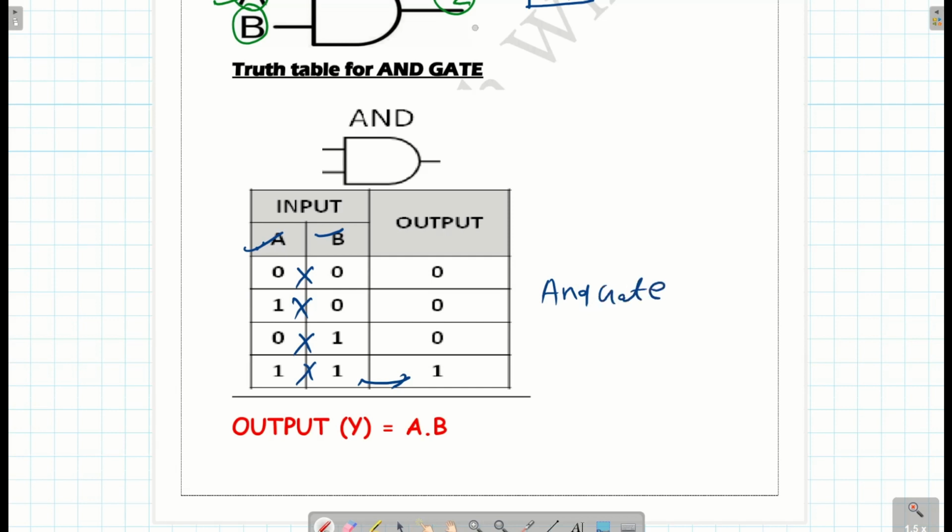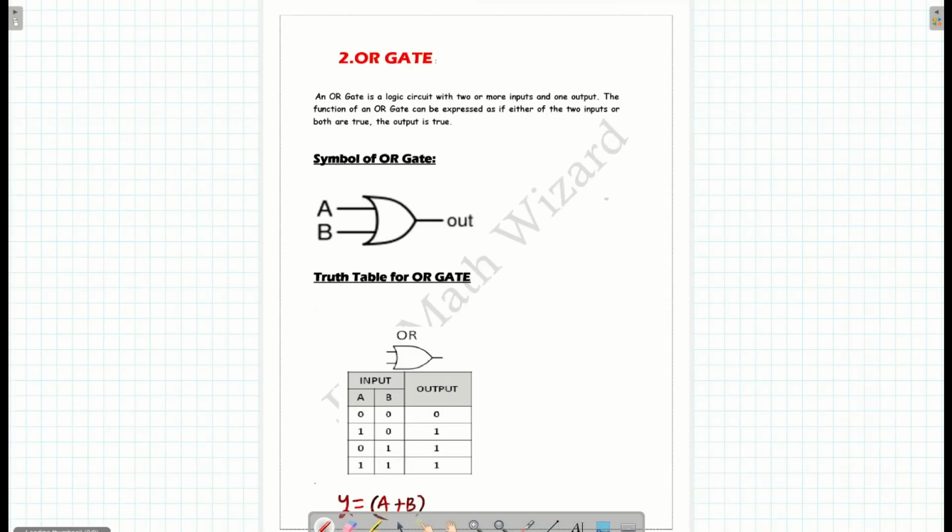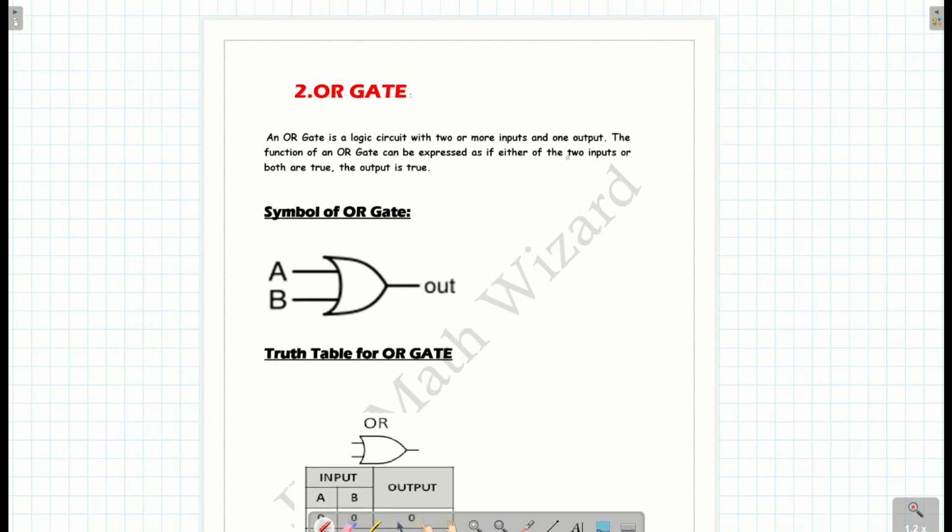Okay. Next, we have our OR gate. What is an OR gate? An OR gate is a logic circuit with two or more inputs. It's a simple thing. The function of an OR gate can be expressed as true if either of the two inputs or both are true.